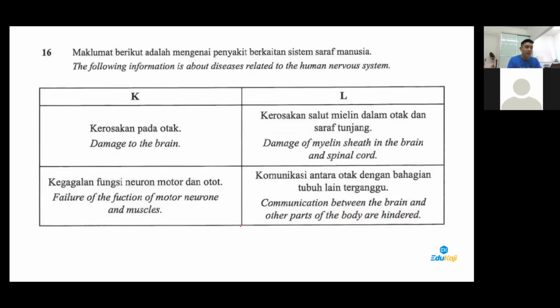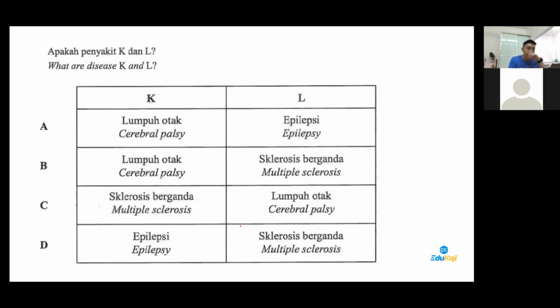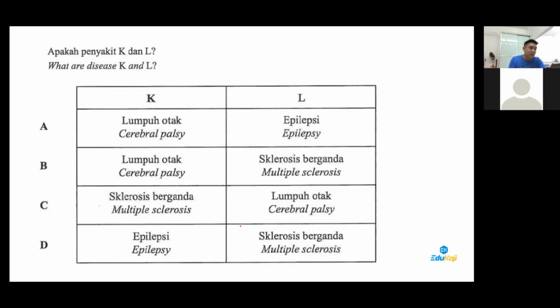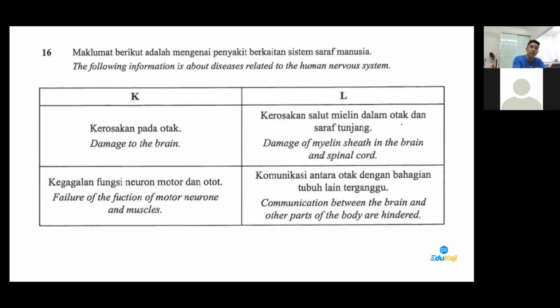Okay, guys, 16. They split into K and L. So you have to know the disease. Something to do with the nervous system. Actually, both are to do with the nervous system.